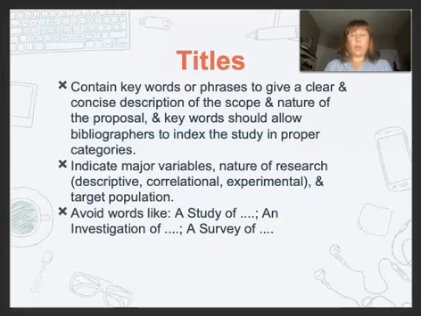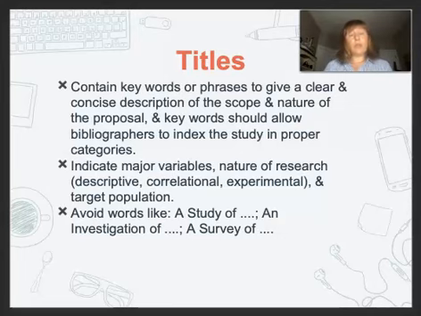You might edit your proposal title, and it's unlikely to be the title used for your actual master's thesis or dissertation that's published in the library's database, because your committee can make suggestions, and many times you just need to indicate the major variables that you're studying or the nature of your research, whether it's a descriptive study, a correlational study, an experimental study, or who's your target population for your study.